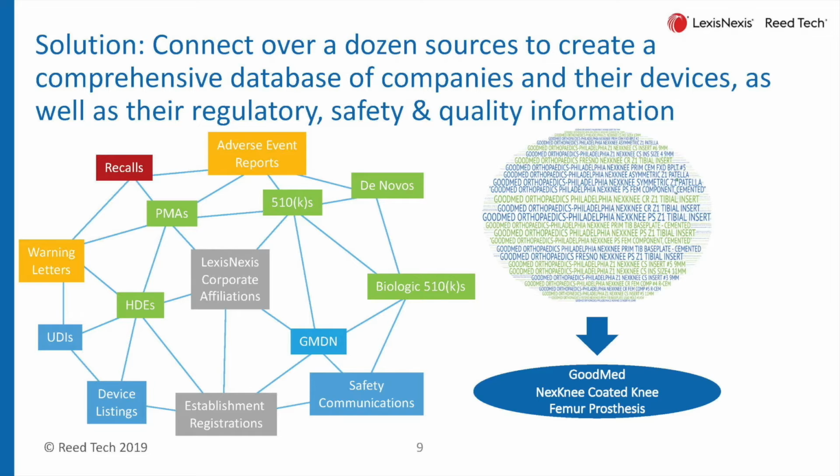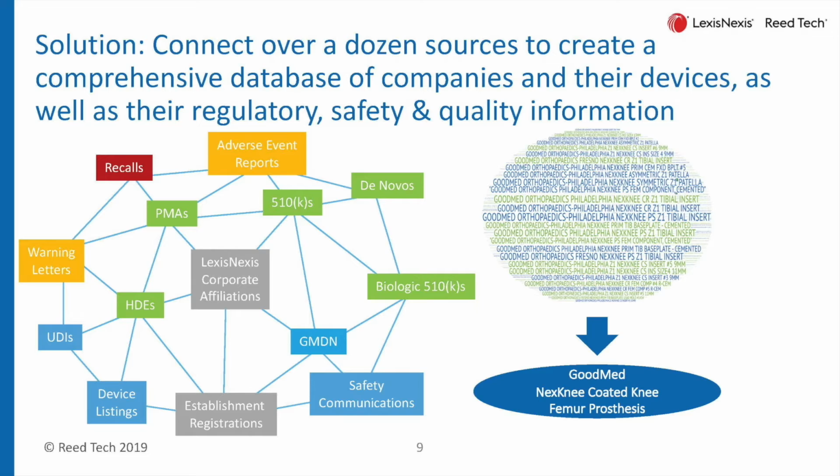So to overcome these barriers, we created a database which connects over a dozen of these data sources, including FDA approvals and clearances, and event data like adverse events, recalls, and warning letters. We use GMDN, UDIs, unique device identification, device listing, and product code information to categorize the products and events. Additionally, we assembled all references to a particular product into a single entry.